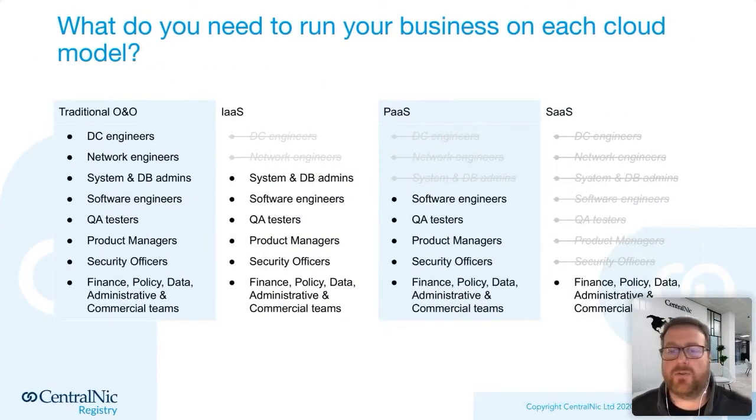So, to try and illustrate this, here is a breakdown of thinking about what you need as a business to run your operations on each of the different models. So if you ran your own owned and operated on-premise or co-located infrastructure at any sort of significant scale, then you're going to need to have within your organization engineering resources that are sufficiently qualified and specialized to do things like, for example, make sure that your data center is properly designed and scaled and scalable.